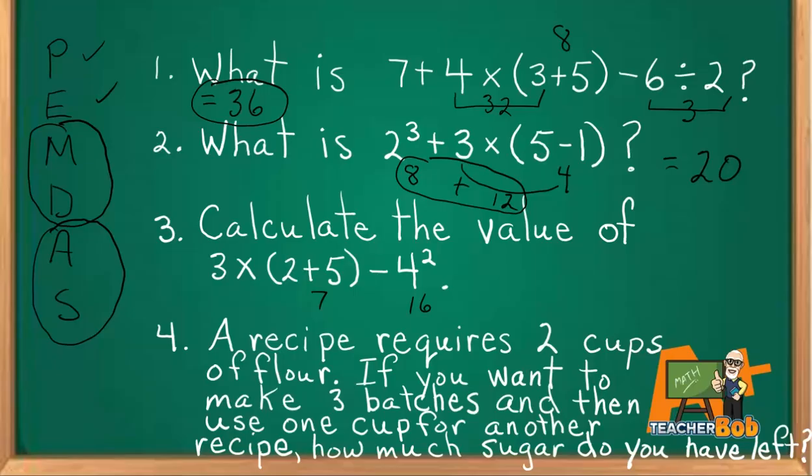Well, we've got one multiplication here. So that's 3 times 7. So that gives us 21. Okay, then out of addition and subtraction, we have subtraction, and that's going to be 21 subtract 16, which gives us the answer of 5.